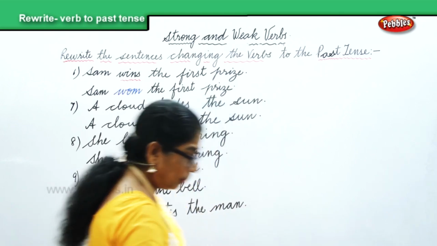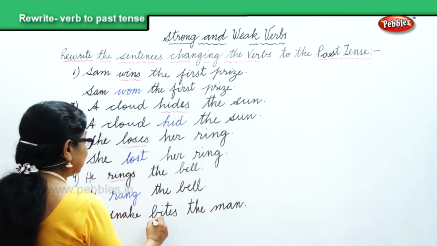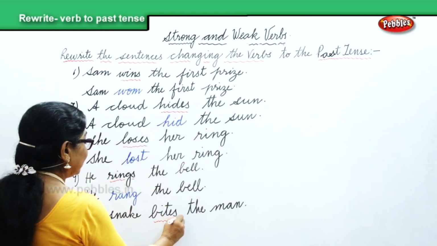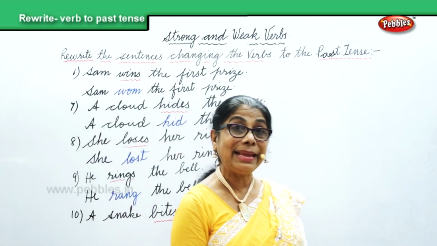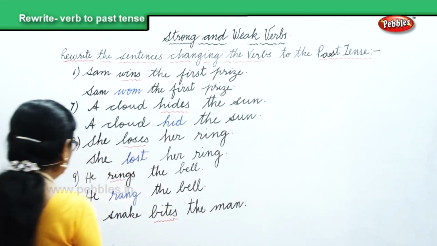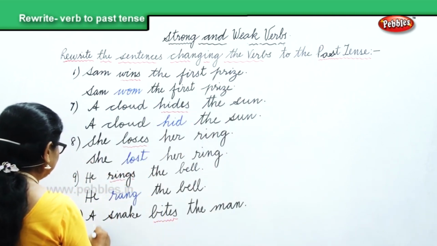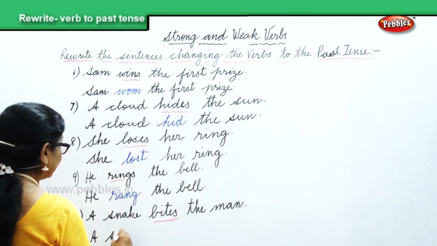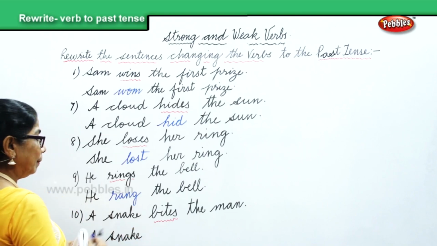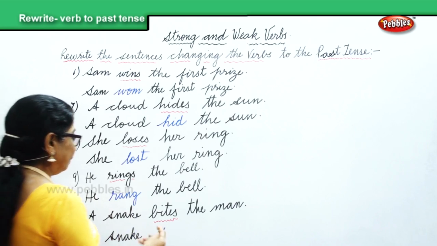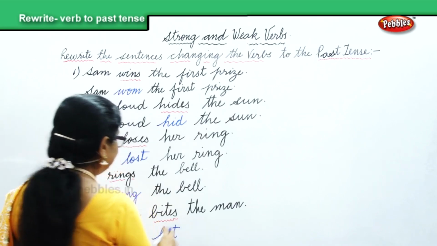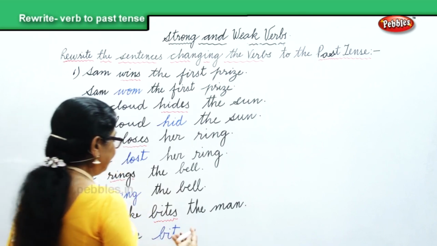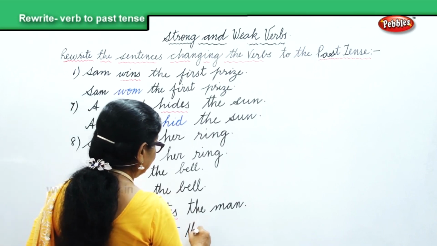Very good. The verb we are going to change is bites. In the past it becomes, the snake bit the man. Bite, past tense, bit.